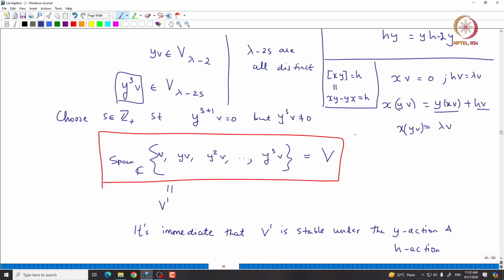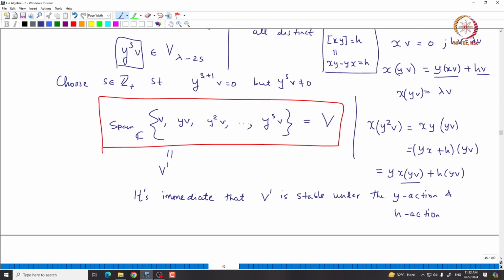So, now let us do one more calculation, x y^2 v, what happens? For this again you can write it like this, x y y v. Then this becomes (y x + h) applied on y v. So, that is going to give us y x y v plus h y v. Note that x y v is already λ v.